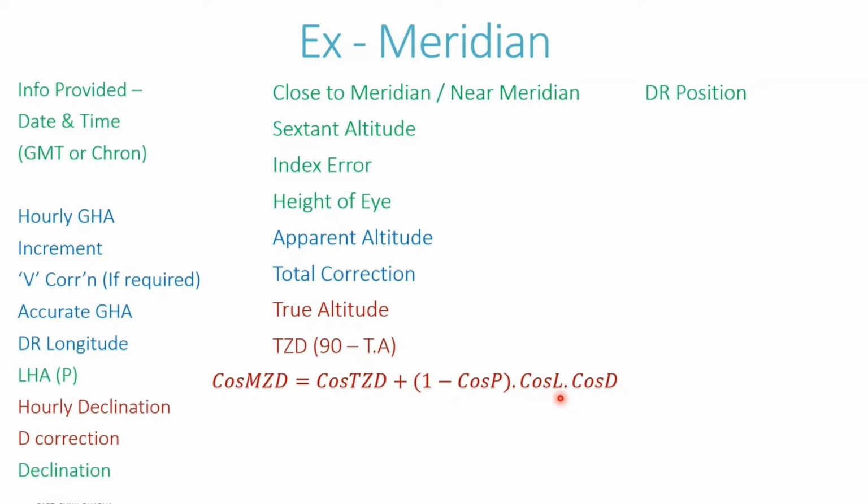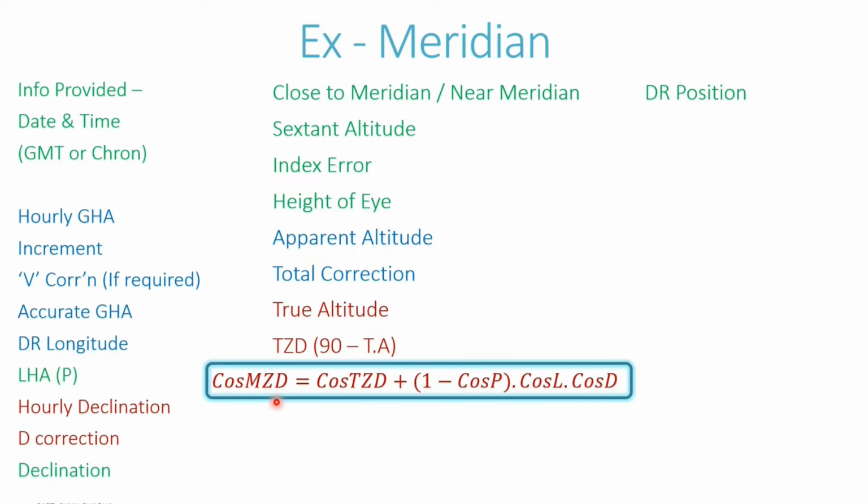The latitude used is the DR latitude. The declination is available from the almanac. So all the terms on the right hand side are available to us. We put them in the formula. Using the scientific calculator with a single step calculation, we can obtain the MZD. So this is again a very important formula, not to be forgotten. Make sure that you apply this formula correctly.